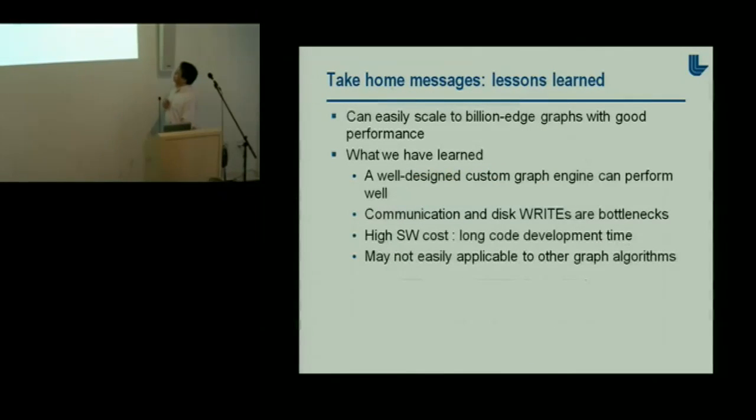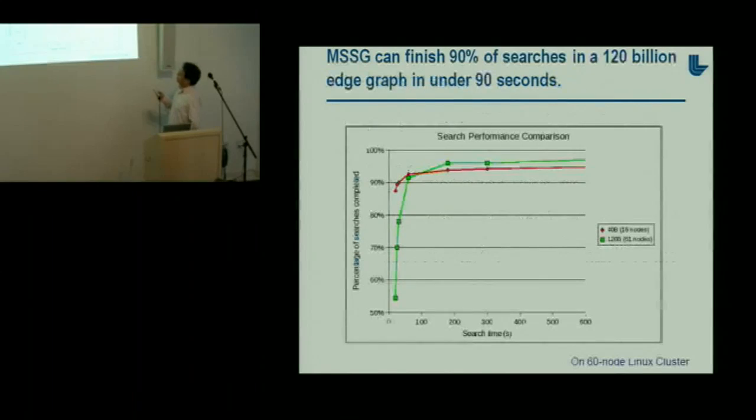The lesson learned is that a well-designed custom graph engine like ours can actually outperform very expensive commercial relational data flow systems. Maybe I should show these results. These are the results of the same experiments that we ran on the Netezza machine, the relational database machine.